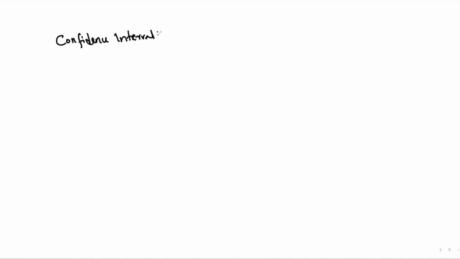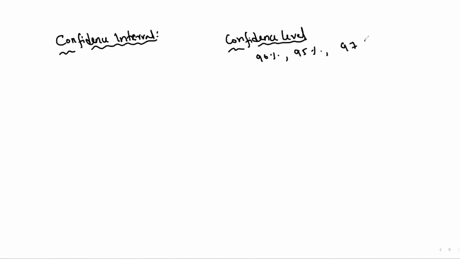We talked about confidence level, right? 90% confidence level, 95% confidence level, 97% confidence level, and so on. We talked about margin of error in my last video. Margin of error or significance level. We talked about all these things, right?